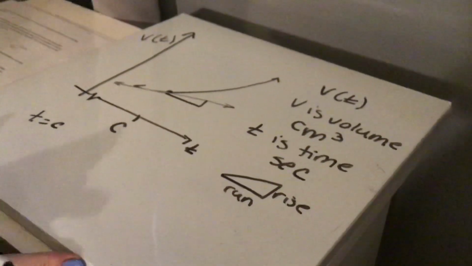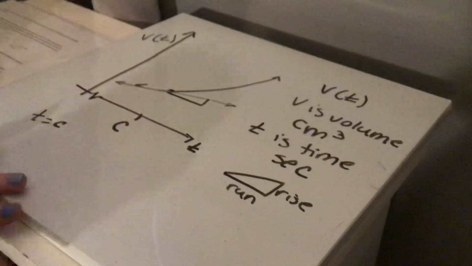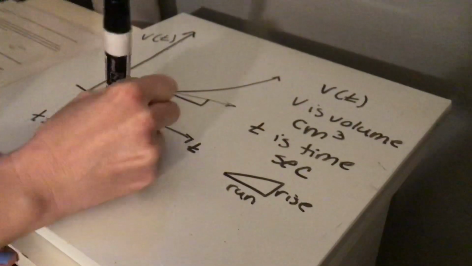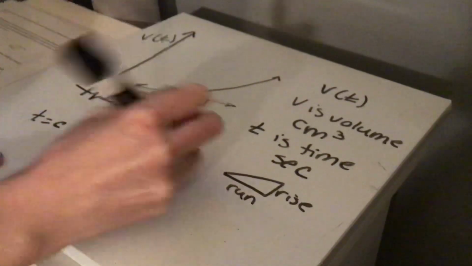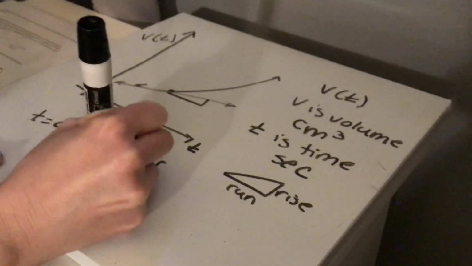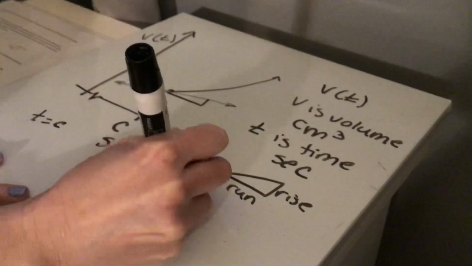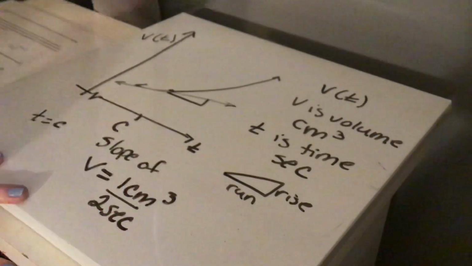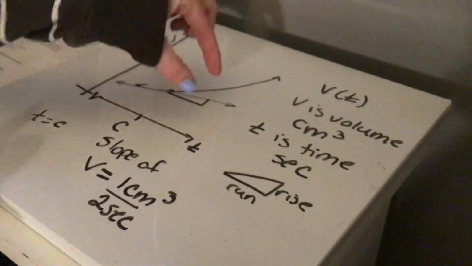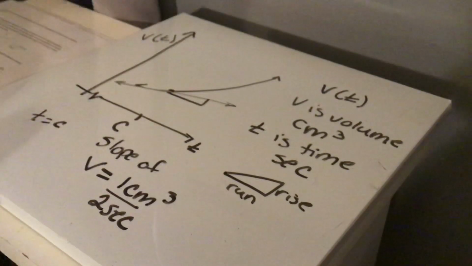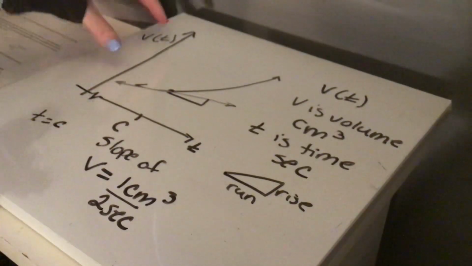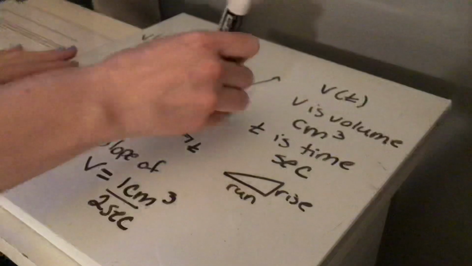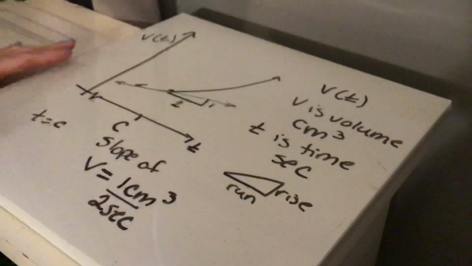So at time c, the slope of volume is equal to 1 cubic centimeter over 2 seconds, because the rise is the change in your y values, so the rise depends on the volume, with the measurement of 1 and 2.